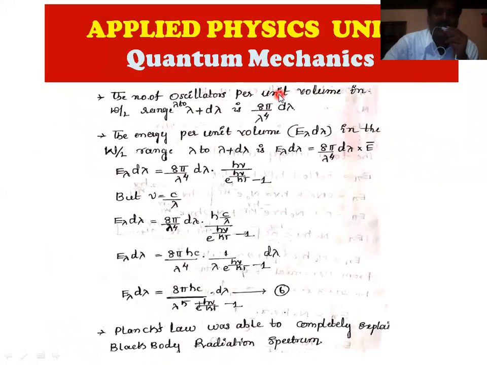The number of oscillators per unit volume in the wavelength range lambda to lambda plus d lambda is 8 pi by lambda to the power 4 into d lambda.